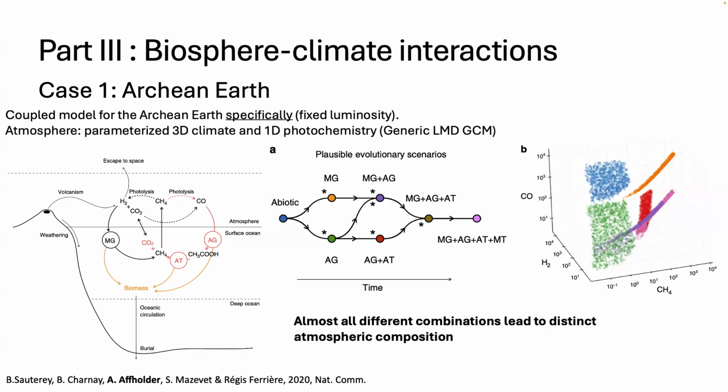So actually I'm going back in time, because what I presented earlier, this whole last section, was some work that we just submitted, so it's still not as mature as maybe the rest. But now we're going to move on to life, including life in those kinds of models. And we did so for the specific case of the Archean Earth.